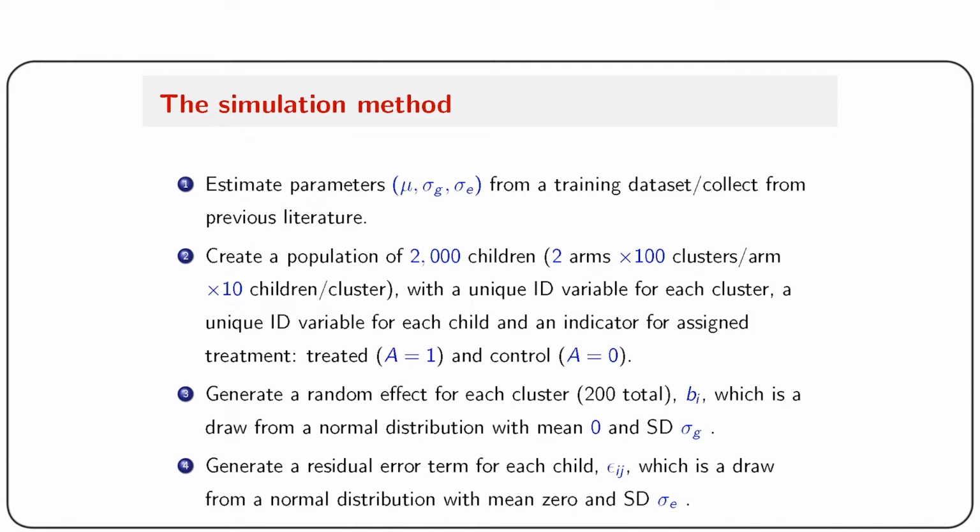Generate a random effect for each cluster, 200 total, Bi, which is a draw from a normal distribution with mean 0 and standard deviation sigma g. Now generate a residual error term for each child, Eij, which is a draw from a normal distribution with mean 0 and standard deviation sigma e.